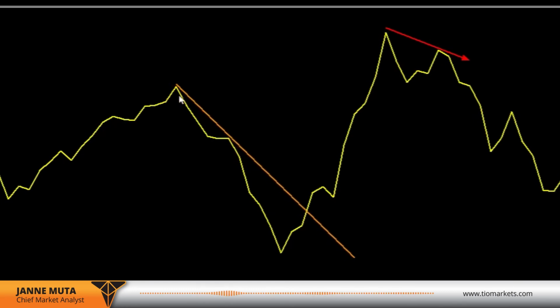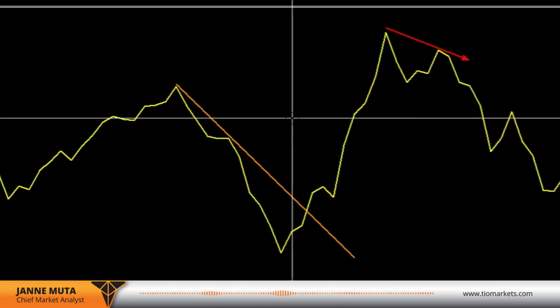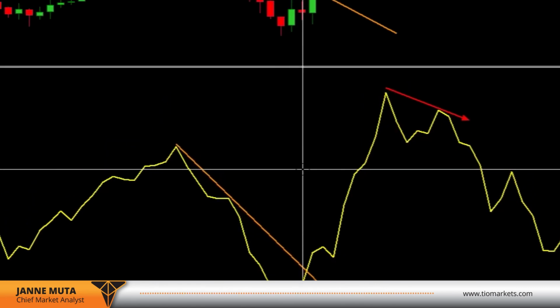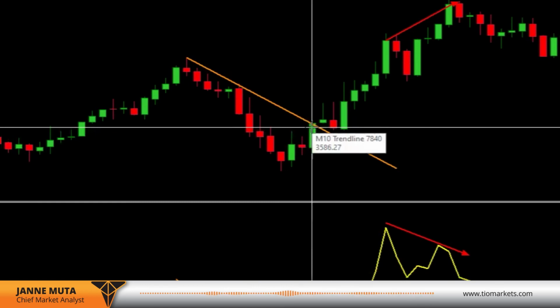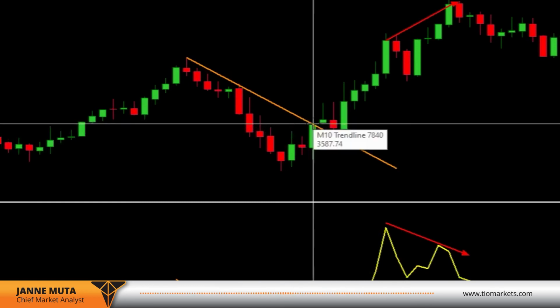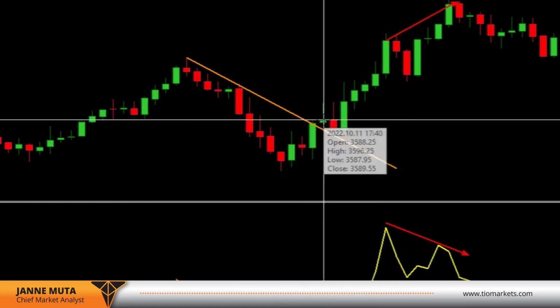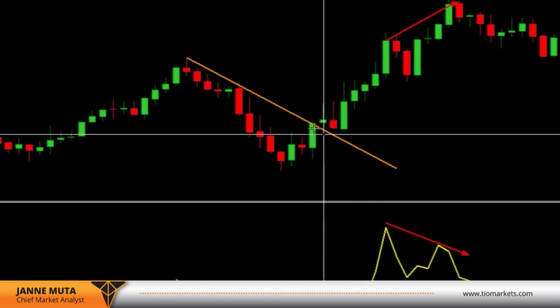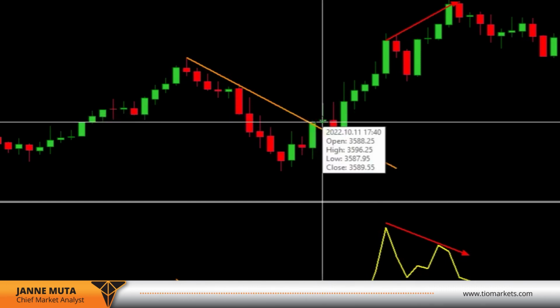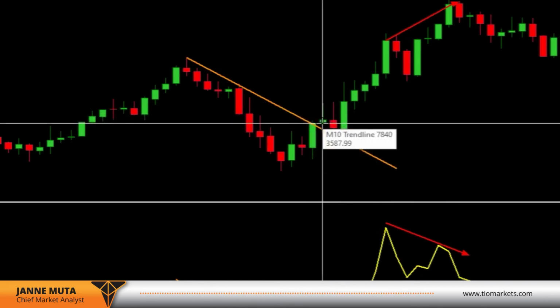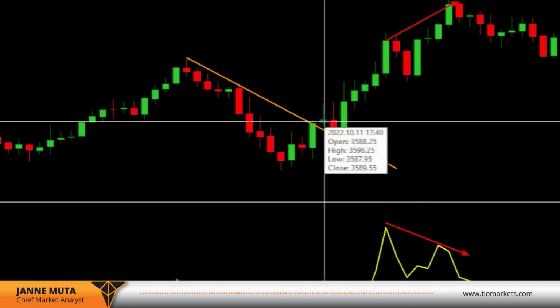And we take the highest high and the reactionary high, and let's see if we get any benefit from doing this. It seems like there is a much clearer indication, at least one bar before, that the market is changing direction. In the price itself, we have a break above the downtrend line here on this candle.